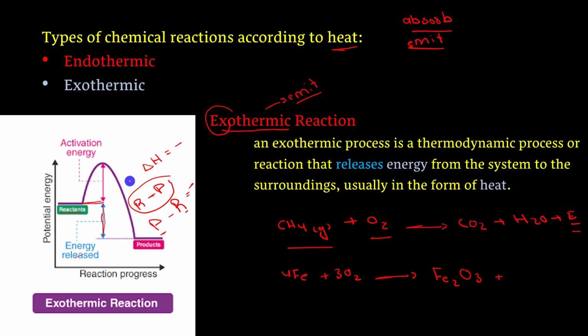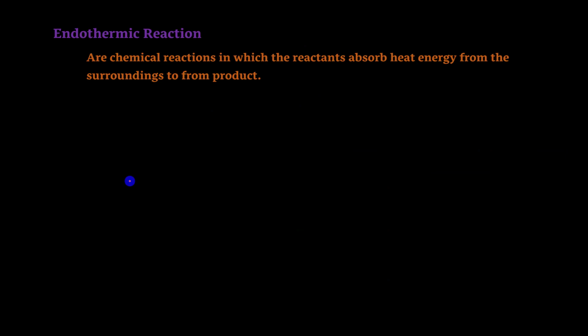After this, I come to the endothermic reaction. That is the exothermic reaction. From the exothermic reaction, we get what an endothermic reaction is, right? An endothermic reaction is a chemical reaction in which the reactants absorb heat energy from the surroundings to form the product, right?